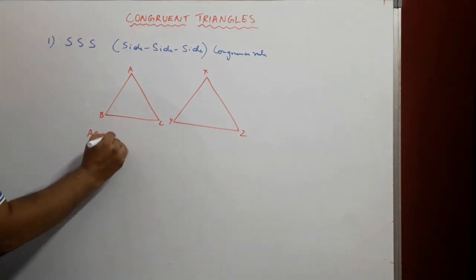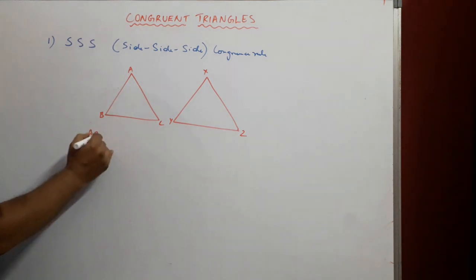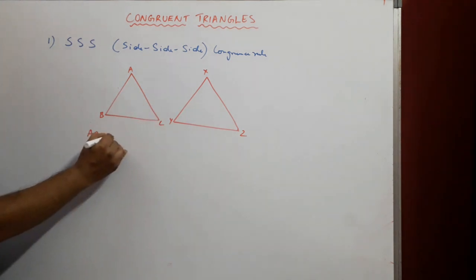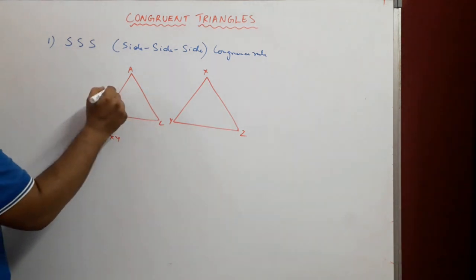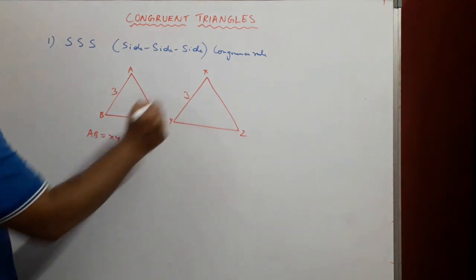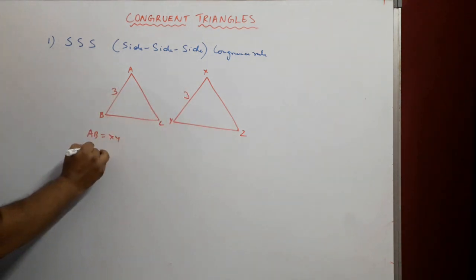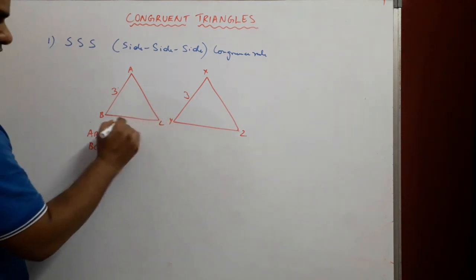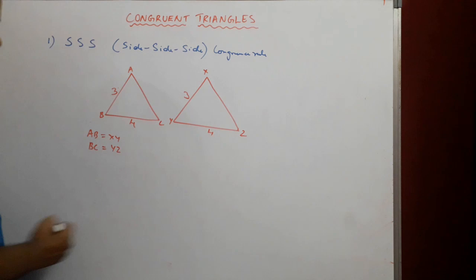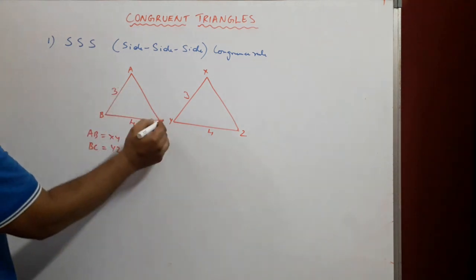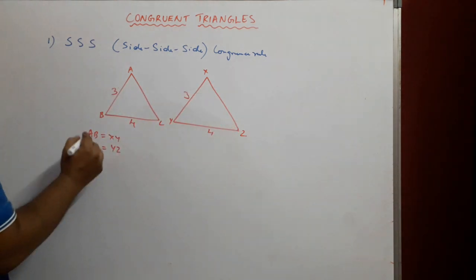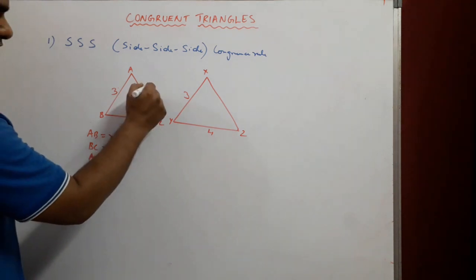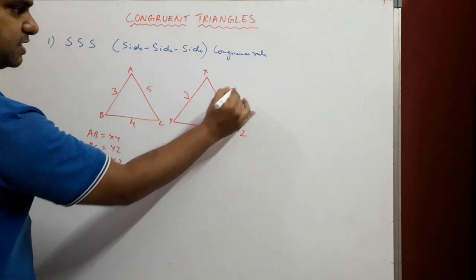AB corresponds with XY, so AB should be equal to XY. If this is 3, this also needs to be 3. BC corresponds with YZ, so if this is 4, this also needs to be 4. And AC corresponds to XZ, so if AC is 5, then XZ should also be 5.